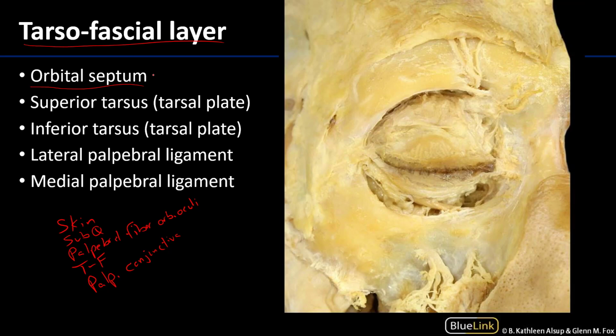The orbital septum is a very weak membranous layer that's contiguous with the orbital periosteum. So all around the rim of the orbit, the periostea from those bones is contiguous, and it sends this orbital septum.